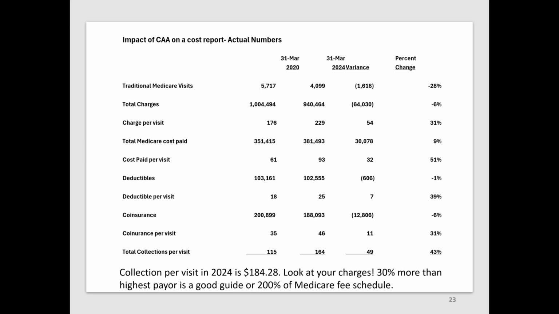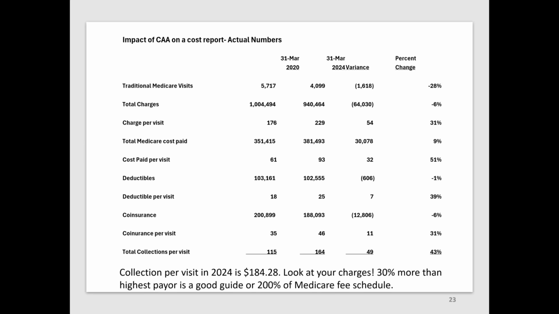So we can see now that our Medicare cost, even though the rates were much higher, we went from getting paid $61 a visit in 2020 to $93 a visit in 2024. Remember, you don't get your rate. You get 78.4% of your rate from Medicare.